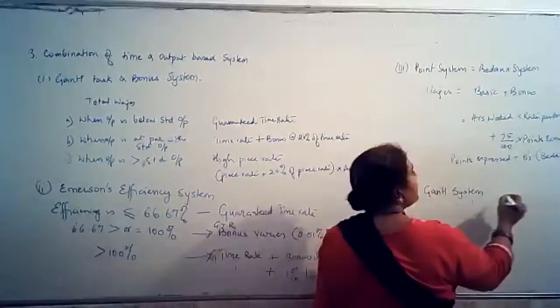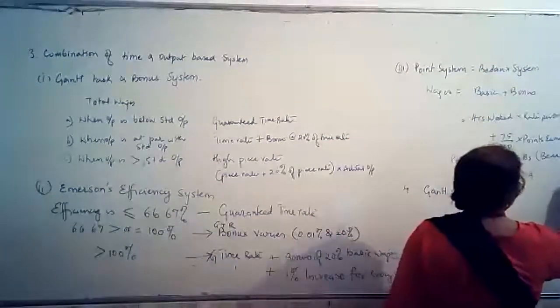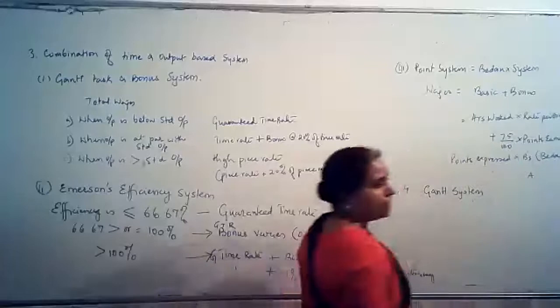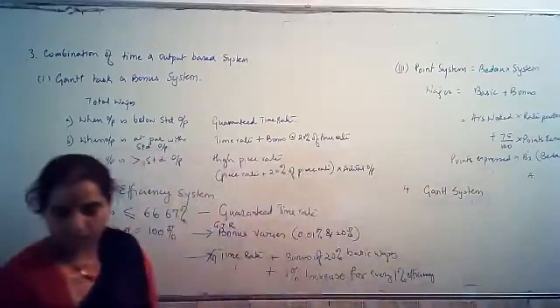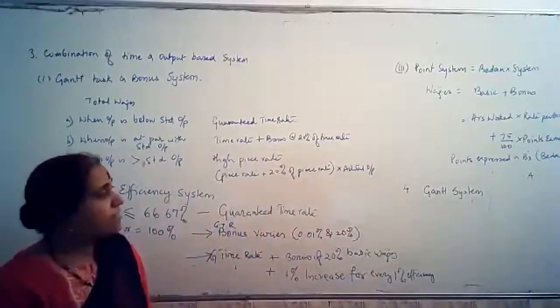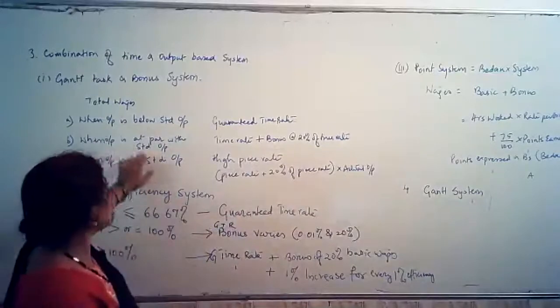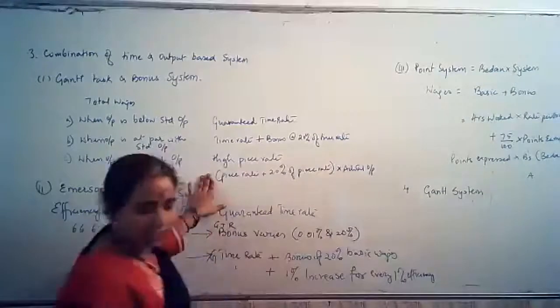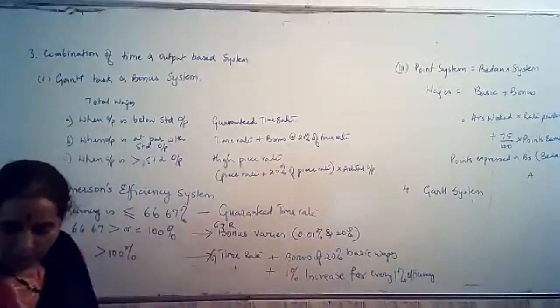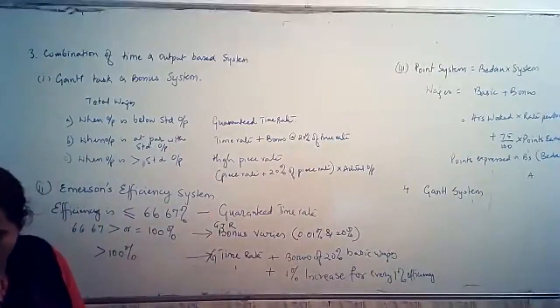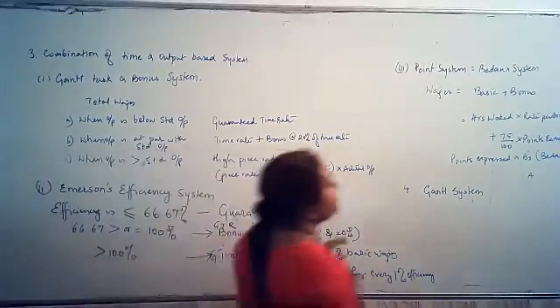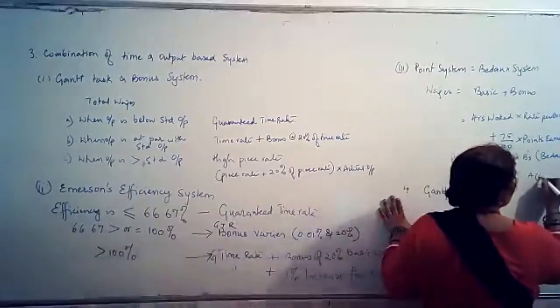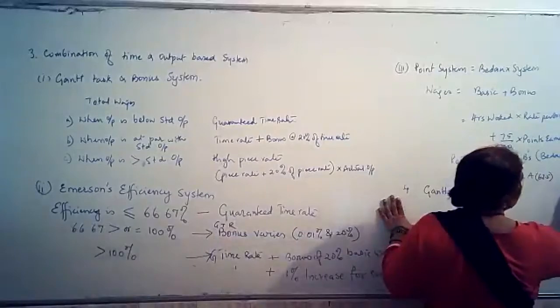There are A, B, and C, three people in this particular problem. Now, the Gantt system as per efficiency. In the previous problem, A's efficiency was 62.5%. B's was 100%.